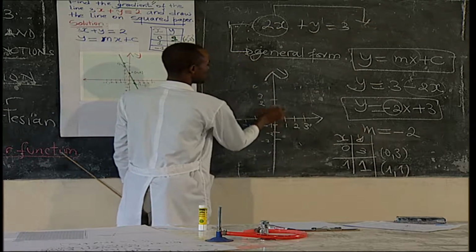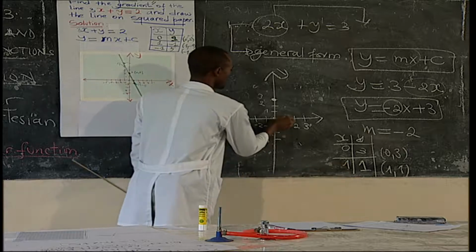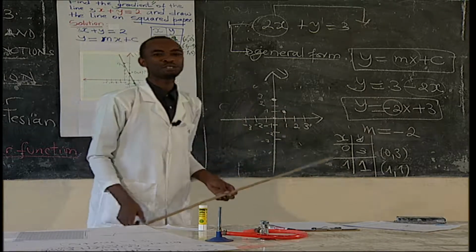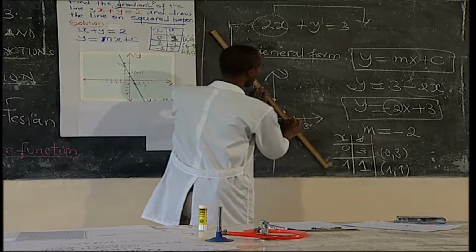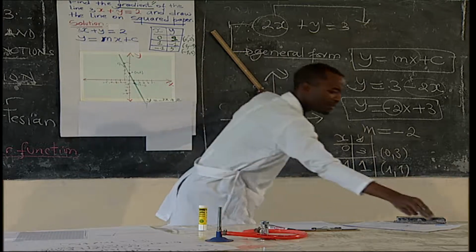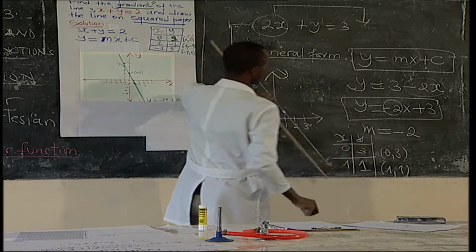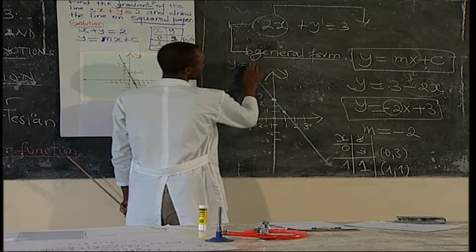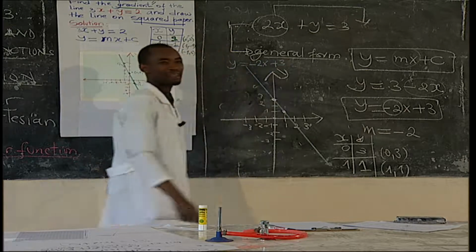I have 0 and 3, this is point number 1. And I have 1 and 1, it's here. Now I have found 2 points. It will be very easy. You just press a ruler here and draw your line. Let me use a different color. This is the line given by the equation y equals negative 2x plus 3.